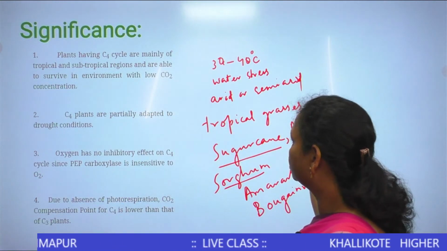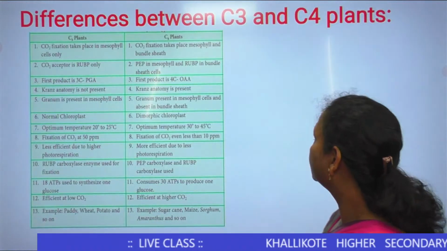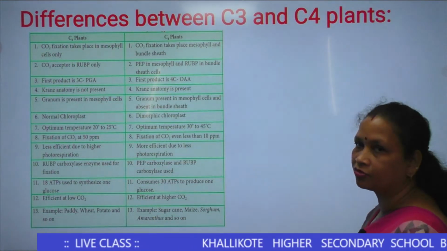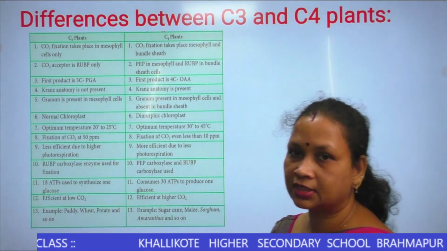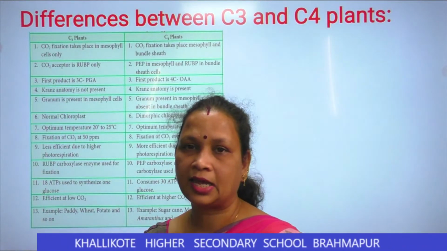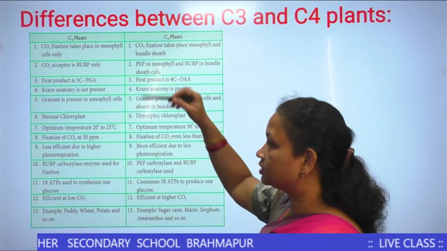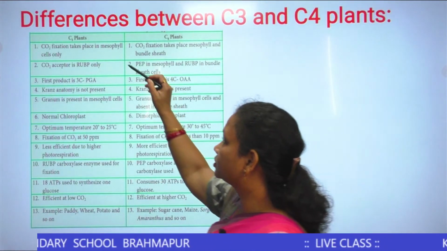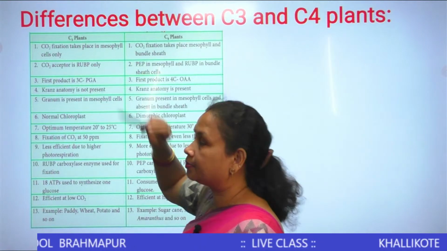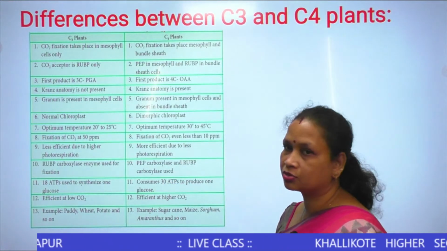So, coming to the differences between the C3 and the C4 plants. What are the basic differences that we have learned? In the C3 plants, the carbon dioxide fixation will take place only in the mesophyll cell.